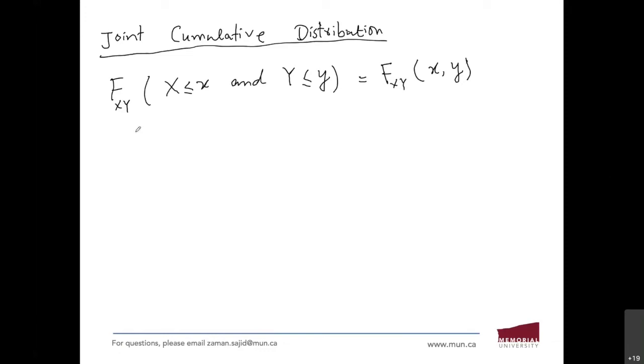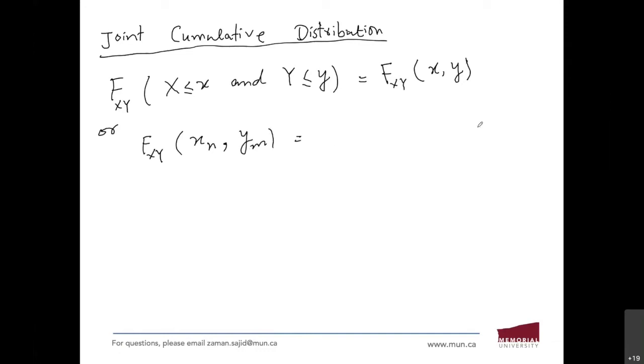Or in other words, this is written F of x, y at x of n, y of m.